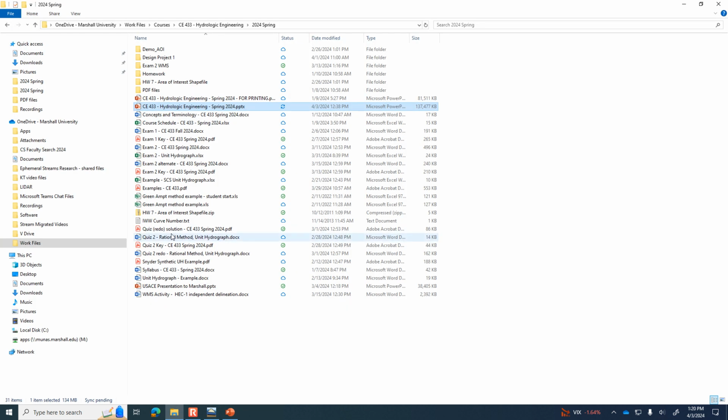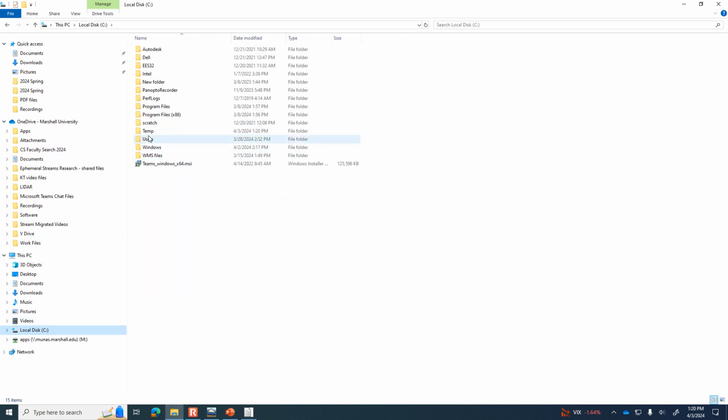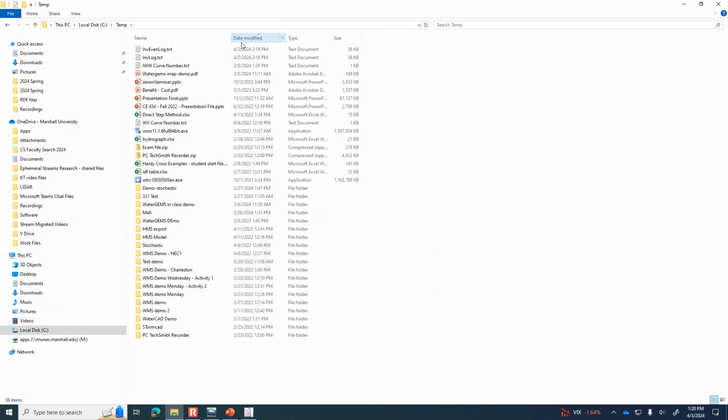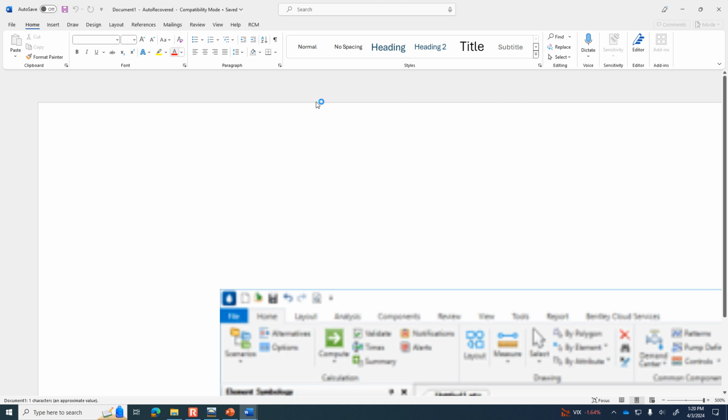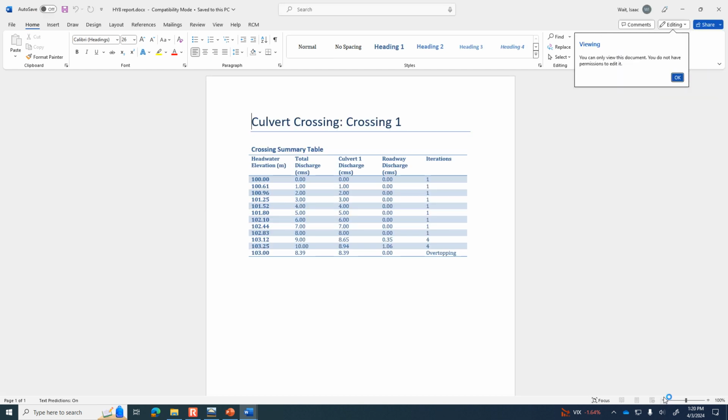Okay, so I think it's just saved this HY8 report. Maybe. There it is. It's opening it, it seems. Okay, so this is that table that says headwater elevation versus how much is going through the culvert versus how much overtopping there is.